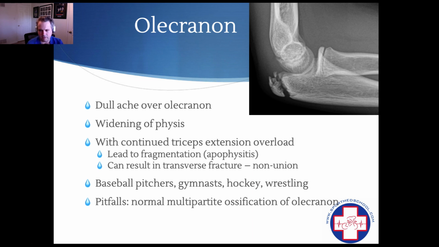A pitfall here is that, once again, you can have that kind of normal multipartite ossification. So if they're not tender, I wouldn't, on the basis of an abnormal X-ray, necessarily take them out of sport. Now, one of the associated injuries we were talking about earlier: there's a study out of the States where they took 26 baseball players and did MRIs of both their elbows and followed them up to 3 years. Initially 7 out of the 26 had medial epicondyle apophysitis.